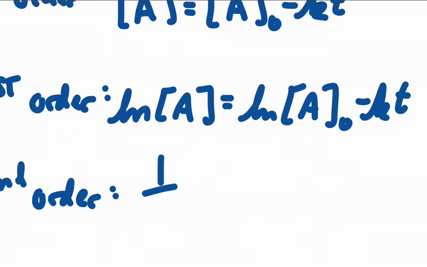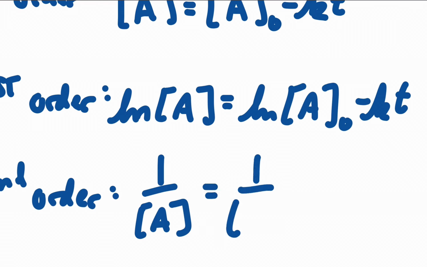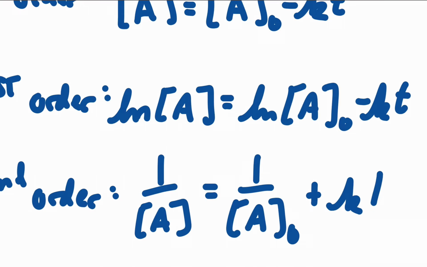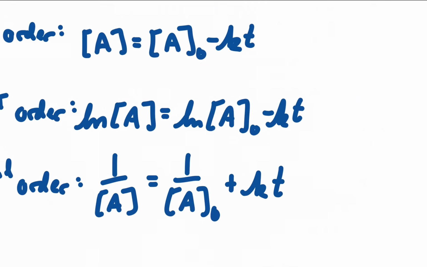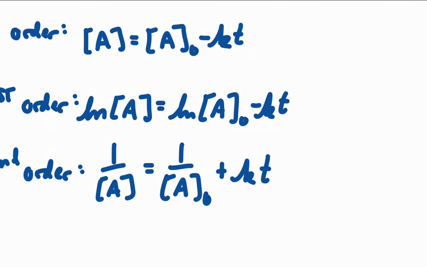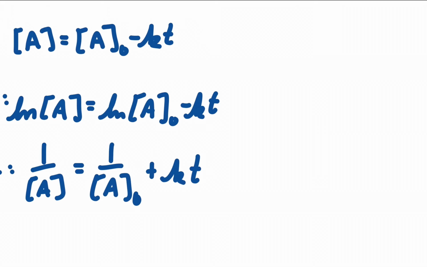And second order is an inverse concentration relationship. It's 1 over concentration is equal to 1 over concentration initially, this is actually plus kt. You'd see why if you went into the derivations, but that's not crucial for this level of the course. It's just important to know that those relationships exist, and most of those are given on the AP reference table.